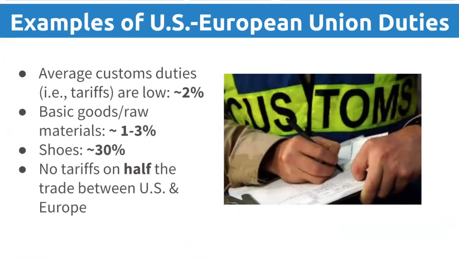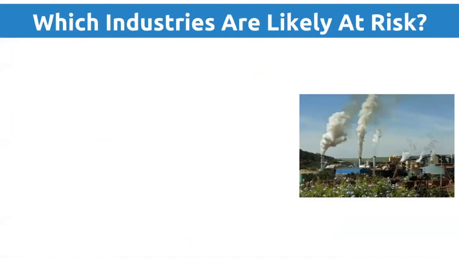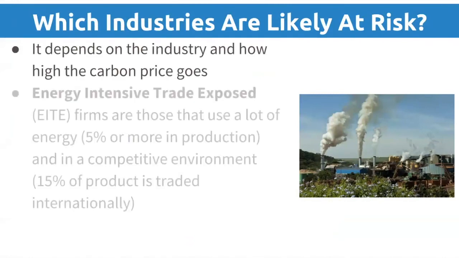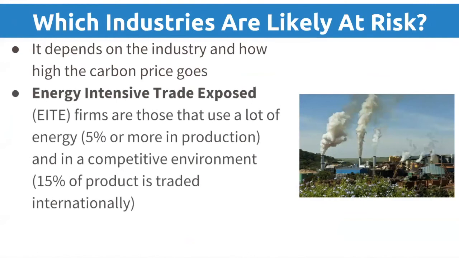Which industries are likely to be at risk? There are two characteristics that are pretty common sense. One's using a lot of energy, and those industries that are also facing international competition. There's a term for industries that use a lot of fossil energy.